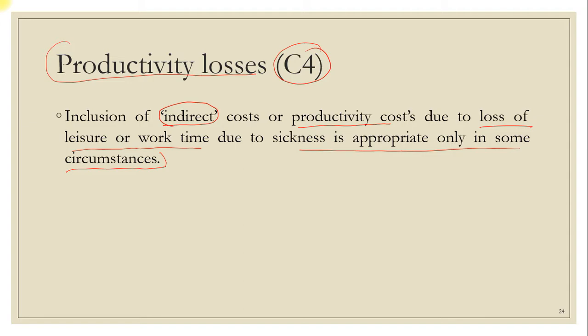When you take leave for a few days, it is a loss to the company for whom you are working. So somewhat productivity is lost in that case. That type of cost will come under productivity losses, that is C4.